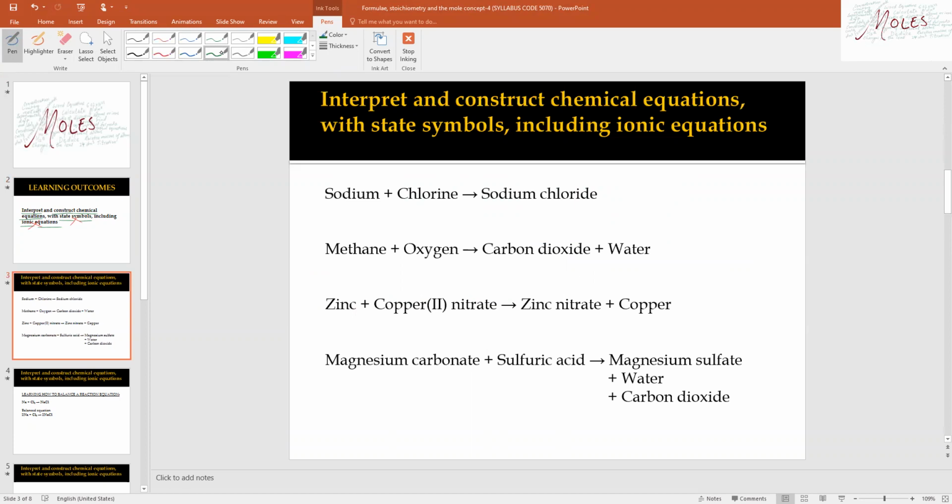This is the first reaction between sodium and chlorine. The product is sodium chloride. We know the symbol for sodium, so we will write Na. But we can't write Cl for chlorine because chlorine belongs to group 7 and group 7 elements exist in the diatomic state, which means we have to write Cl2.